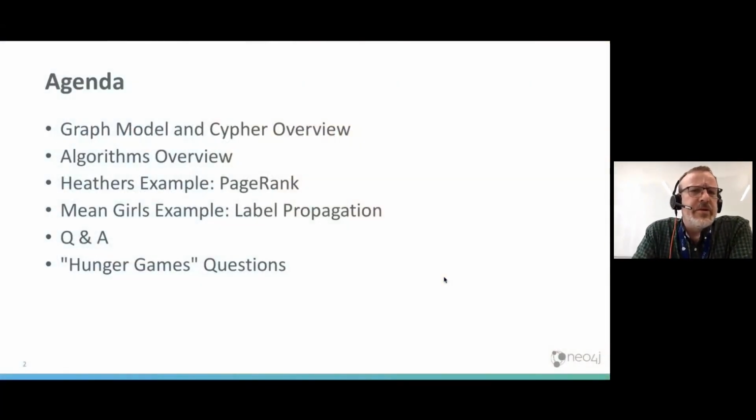So what we're going to cover, first we'll do a quick introduction to the label property graph model and Cypher, just to make sure everyone is on the same page, so that when we look at the demo, it makes sense. We'll take a quick look at the graph algorithms from Neo4j that we have available, and specifically the two that we'll be looking at today.